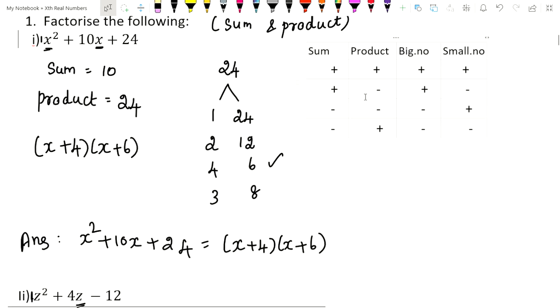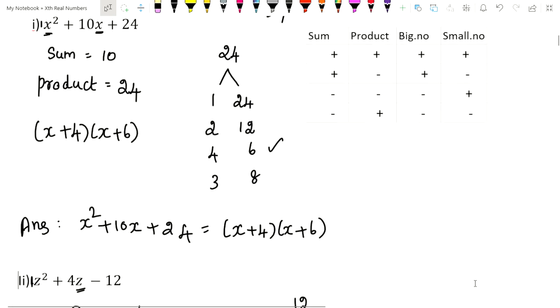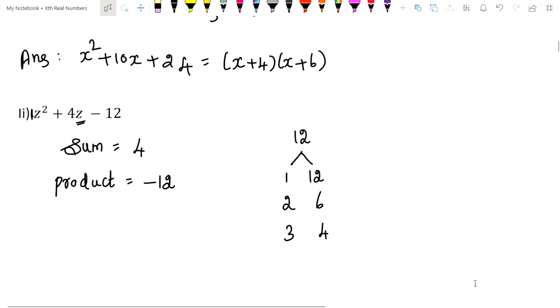Sum is positive, product is negative, means the bigger number positive, the smaller number negative. Here you just give the sign, bigger number positive, smaller number negative. Now the signs are different, so we have to subtract.